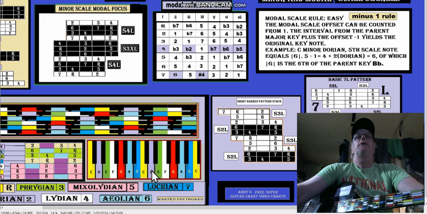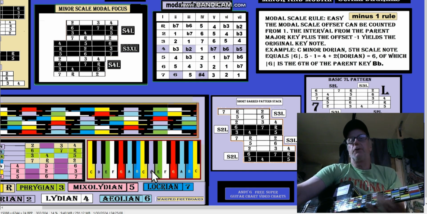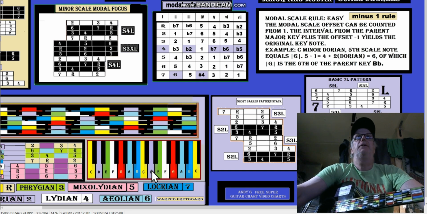We want to determine that when we want to play a scale off of one of those chords, we want to give the tonic of that minor scale or that relative modal scale the number 1. It could be off of the 4th. It doesn't have to be a minor.